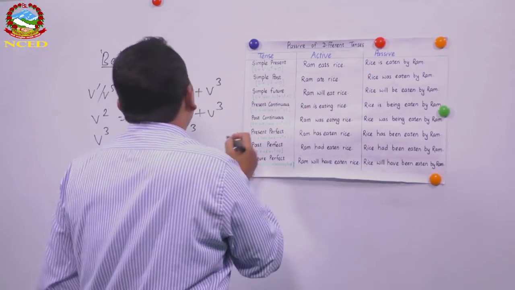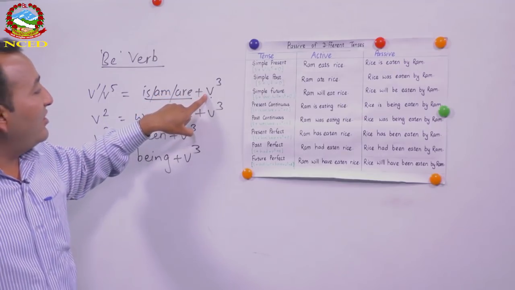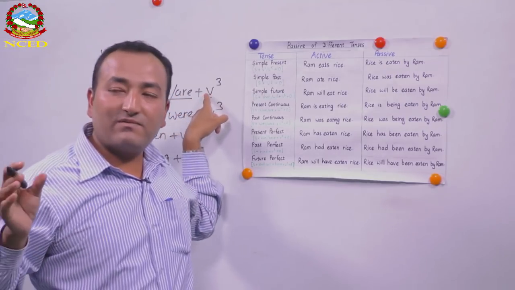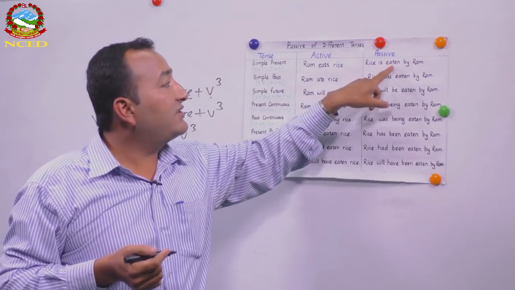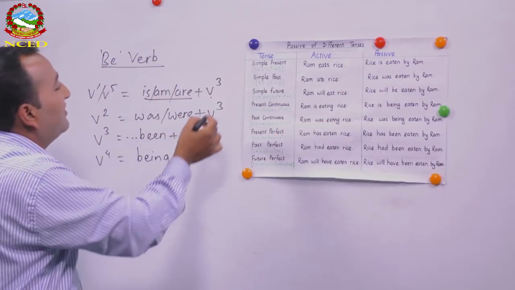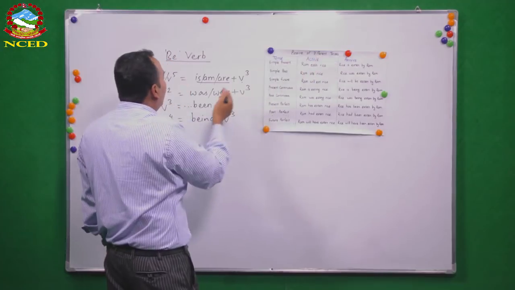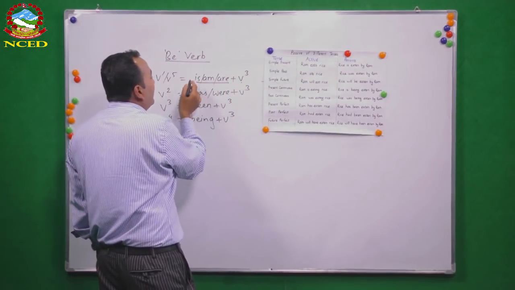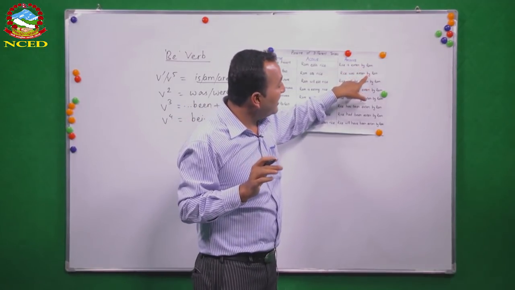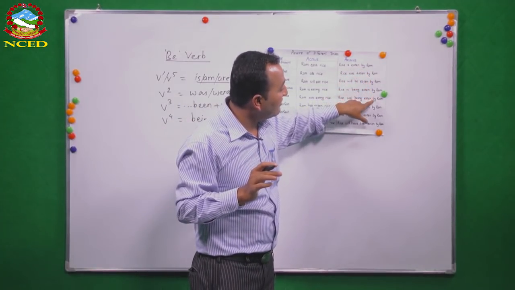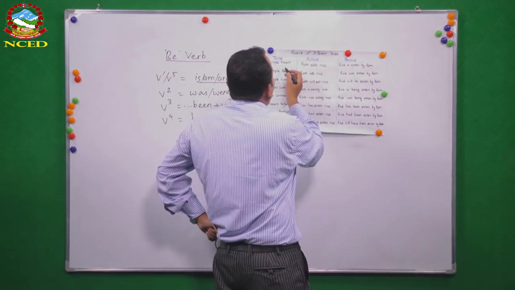So rice is, and the rule is always there in passive voice: the verb must be in past participle form, that is verb 3. So eaten. Rice is eaten, and by plus agent, or by plus subject, is always there. I have not written here what is subject or what is object. This is just the common rule. It applies in every sentence. You can check it out here in the examples everywhere. Okay, now this is present tense.